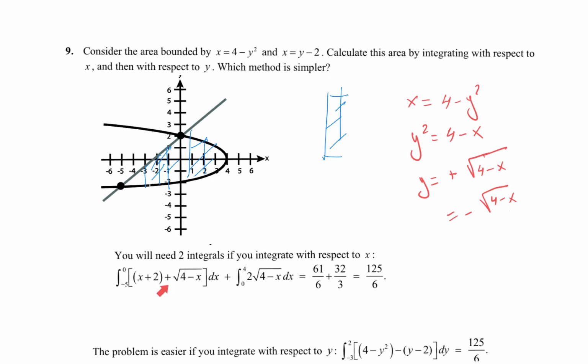But the upper minus the lower, minus minus, will produce a positive sign. So you have to be careful here. You do first the integral from x equal −5 to x equals 0, doing the vertical elements of area of rectangles.